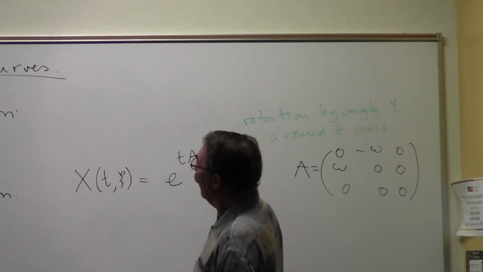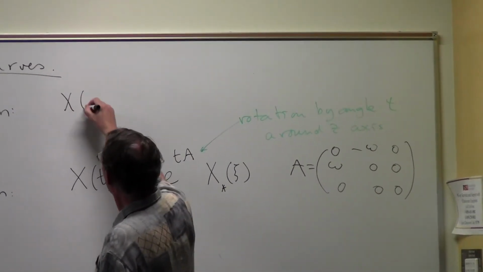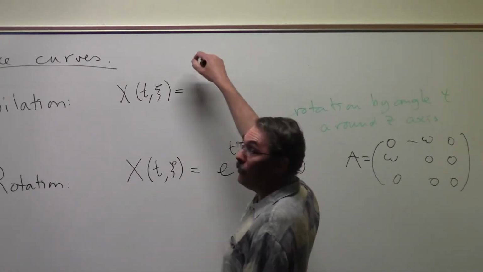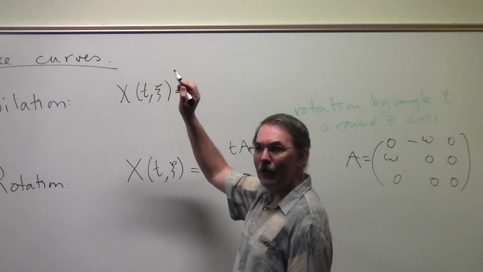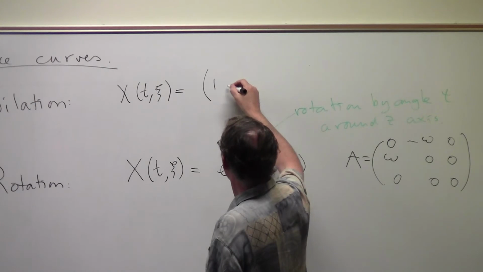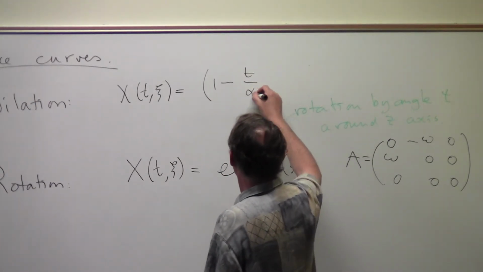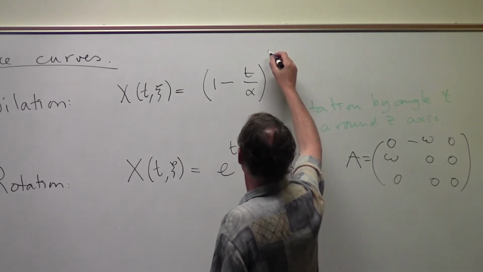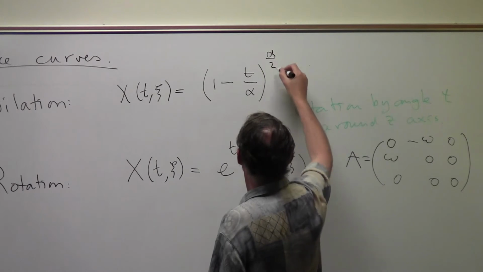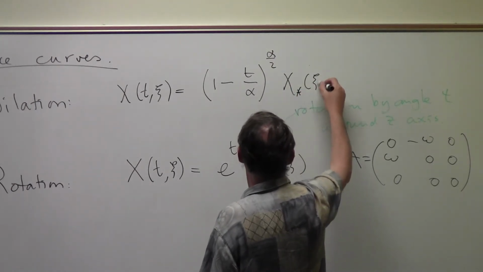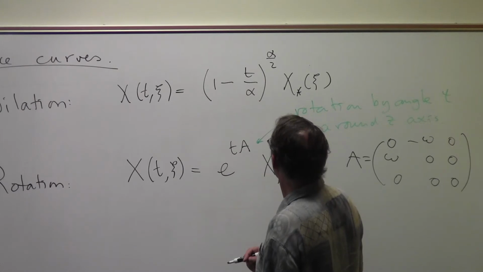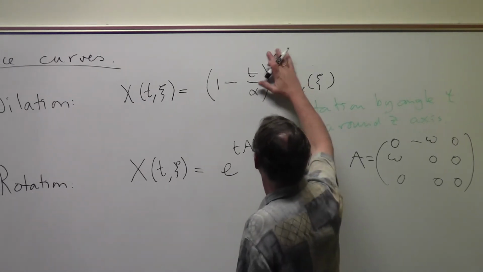Okay, so dilation, we can look for solutions that are of the form, here, so that square root of t minus t is going to come in, and instead of writing square root of t minus t, it turns out to be better to write it as 1 minus t over some constant alpha to the power alpha over 2.